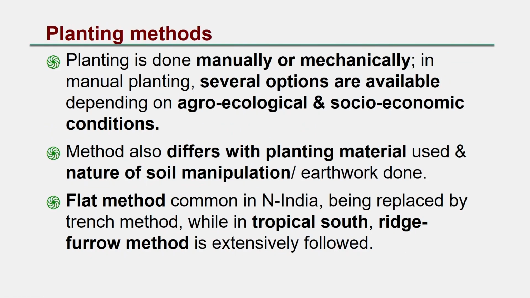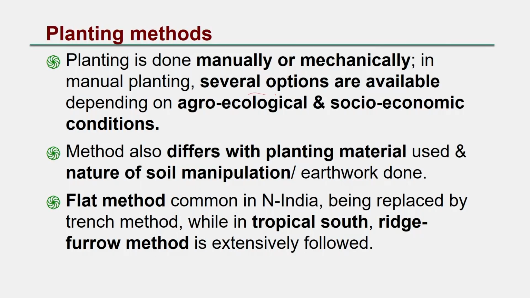Now we switch over to another important topic, which is planting methods. Planting is done manually or mechanically, means you can do it using human labor or animal labor or also by machine. In manual planting, several options are available depending on agroecological and socio-economic conditions.